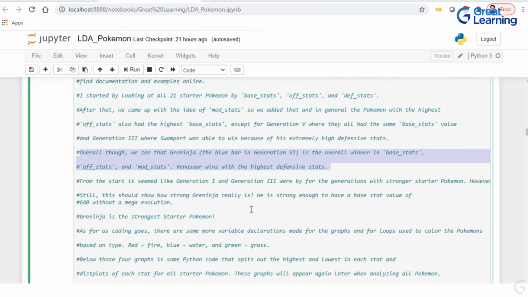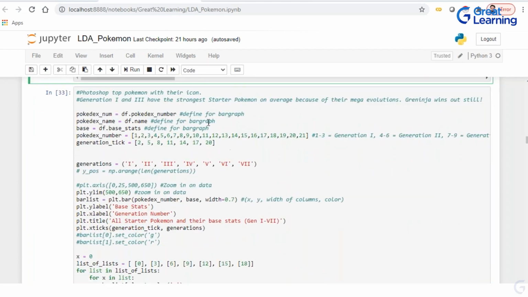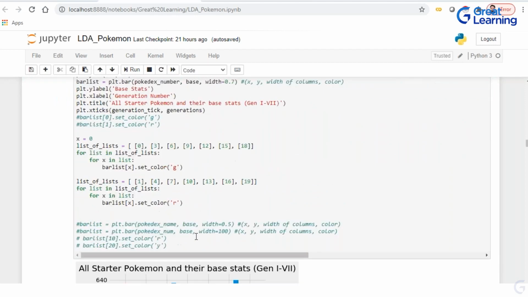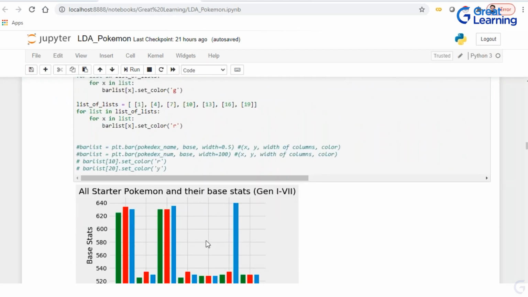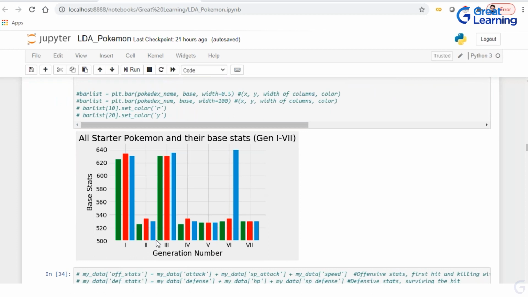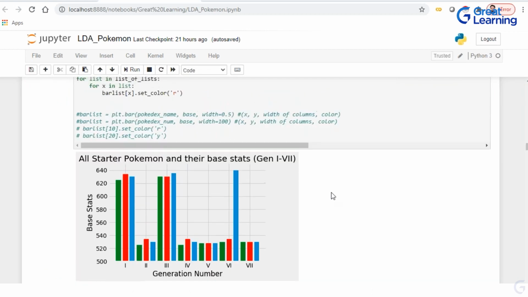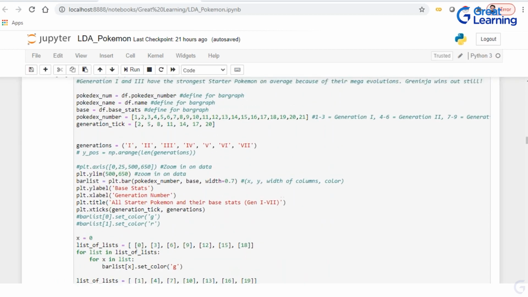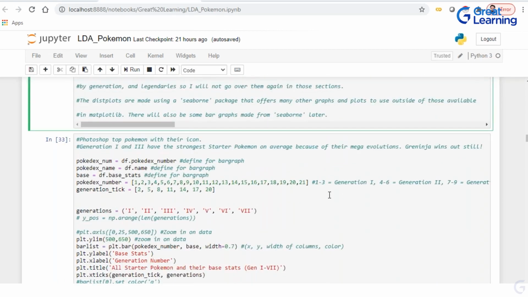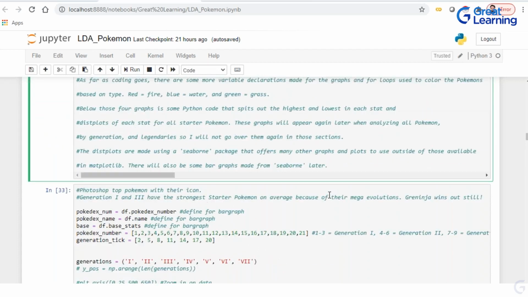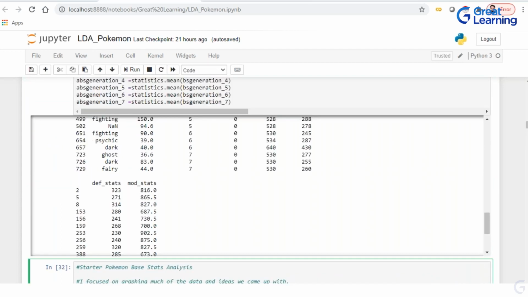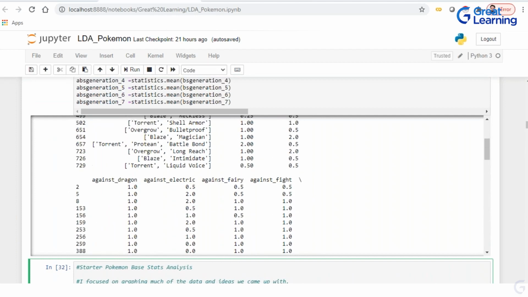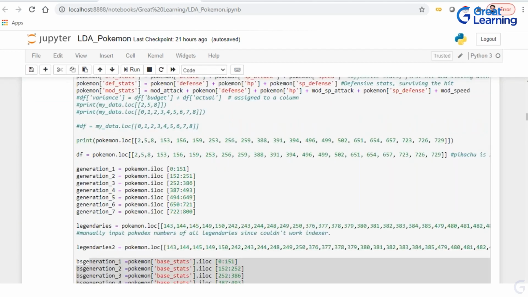Now, this is all coming out of, let me show you what we did as the analysis here. It started to give us the various starter Pokemon and their base stats value. So these are different bars. Let me show you what these bars basically mean. If you start to look closely, let me show you where we described the data frame for this.